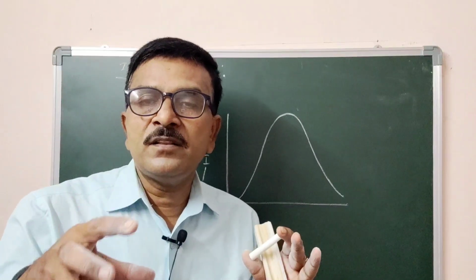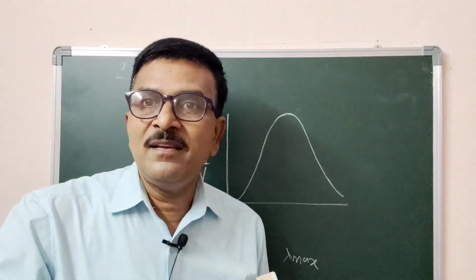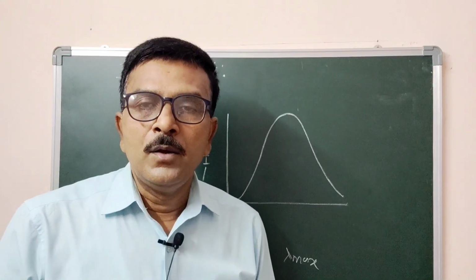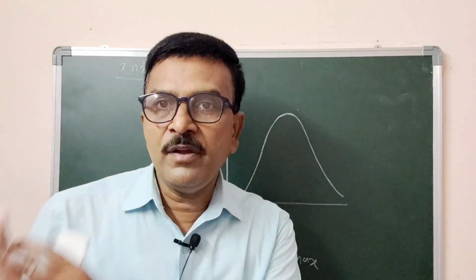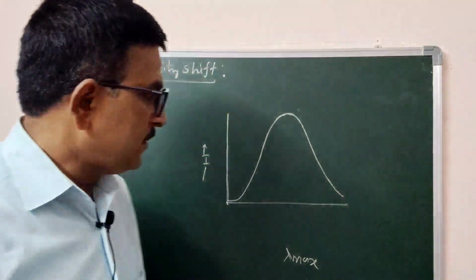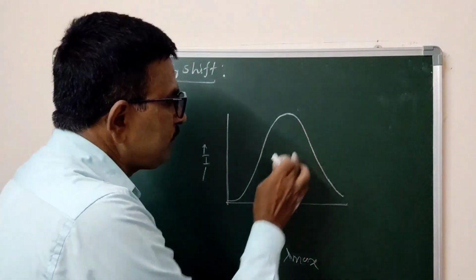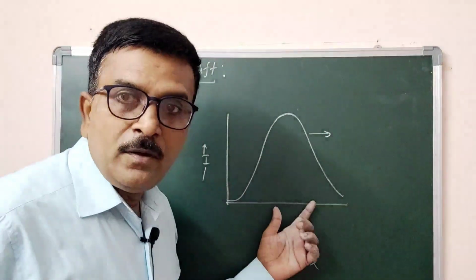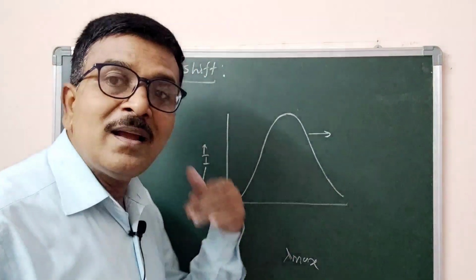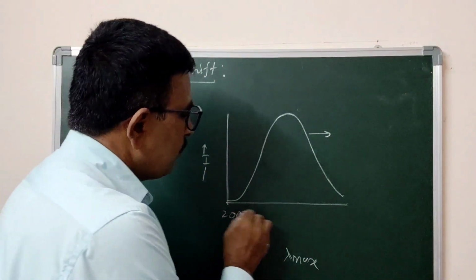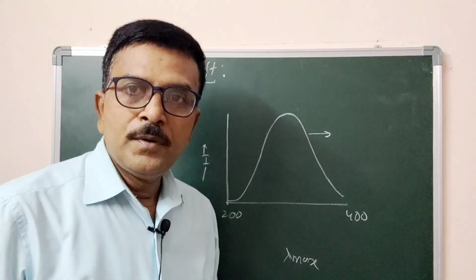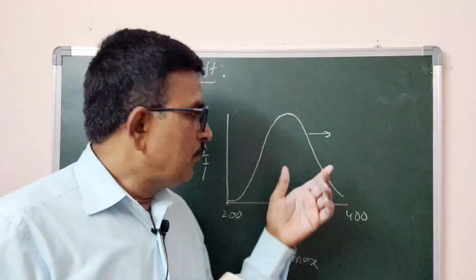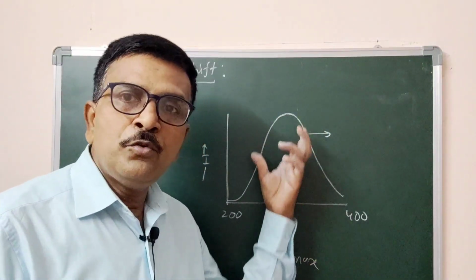Some factors influence the absorption maxima, that is the wavelength of absorption of the sample, to be shifted either towards shorter wavelength or towards longer wavelength. Now we have a molecule and we have recorded its UV spectrum.